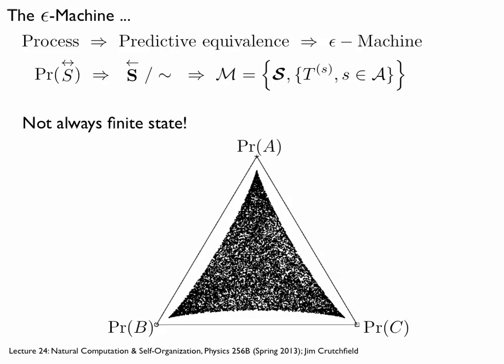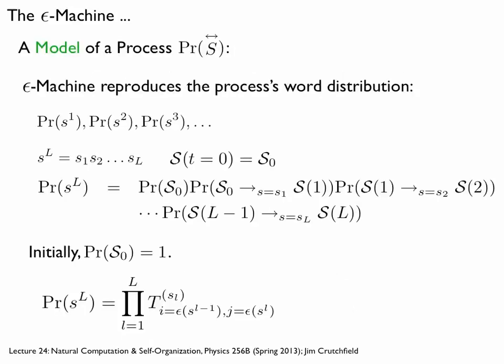Okay, so now to start thinking about what this epsilon machine representation of a process is. Actually, sometimes I'll use the word presentation, partly because there can be many models of a given process. So sometimes in the literature we use the word presentation rather than representation.